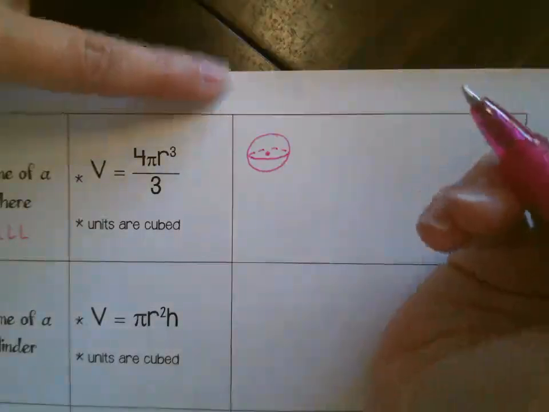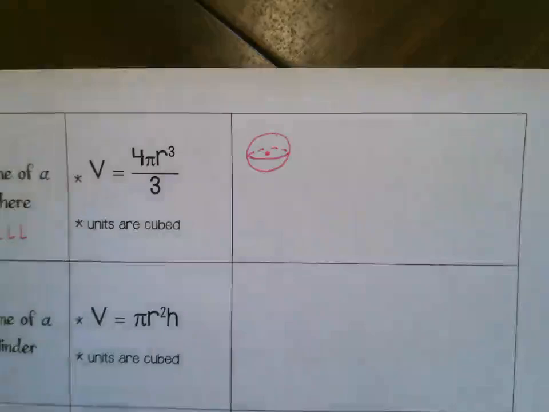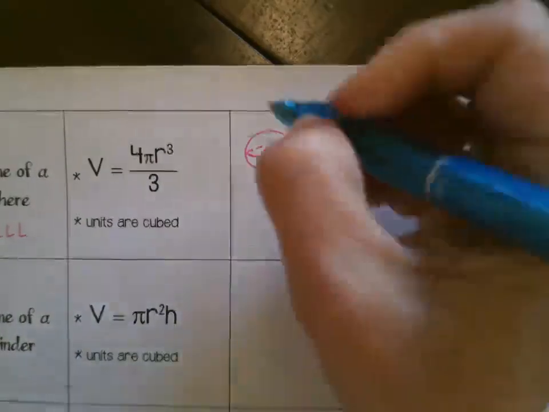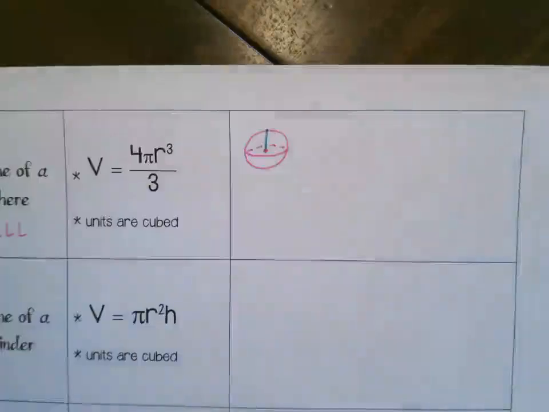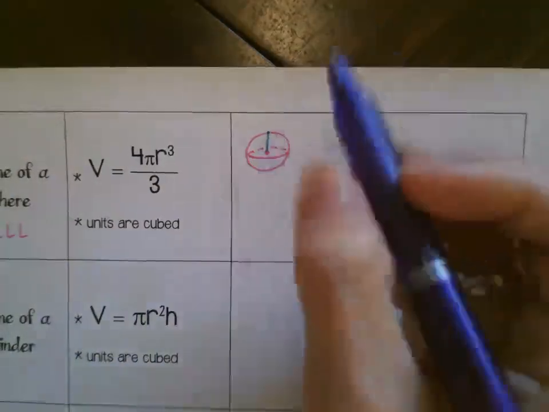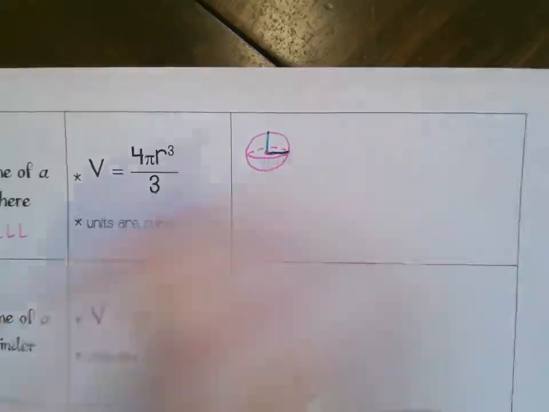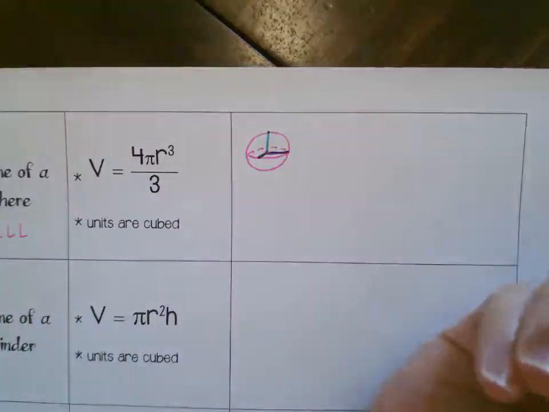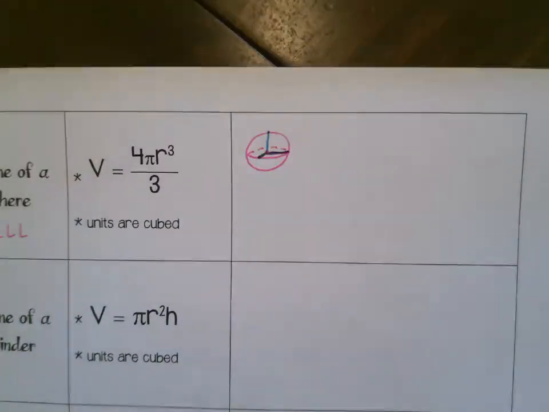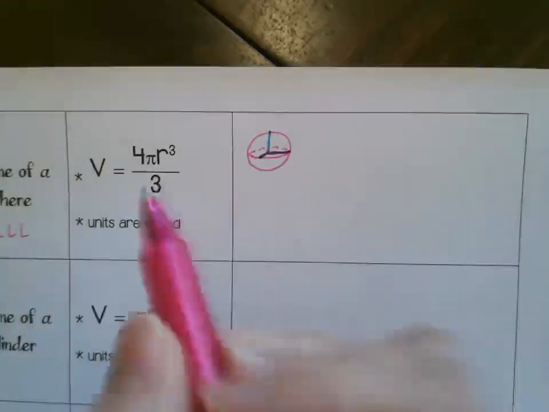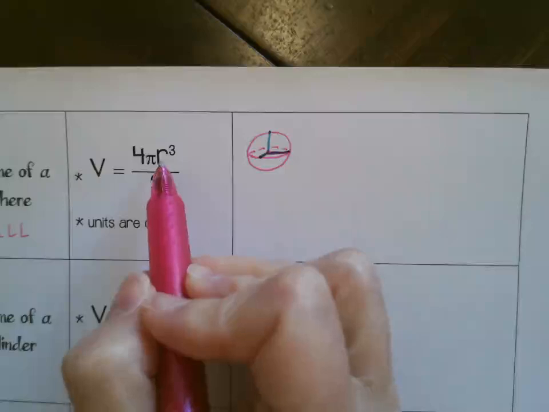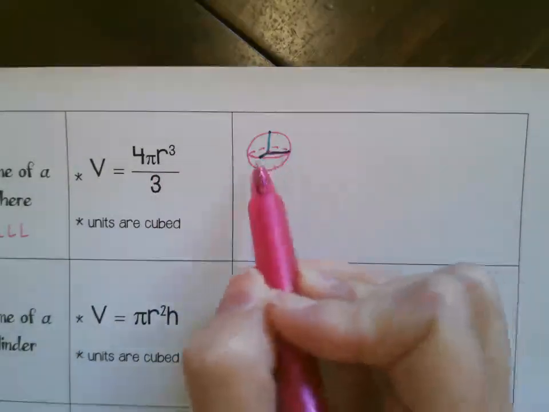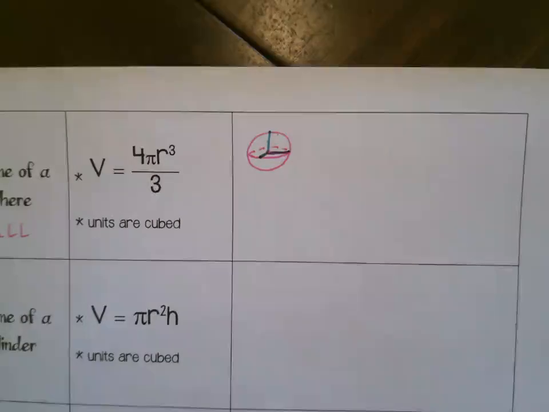There are 3 measurements in a ball: the measurement from the center going up, the measure from the center going to the side, and the measurement from the center coming out towards us. If you think about what that measurement is, for every single one of those, it's the radius.